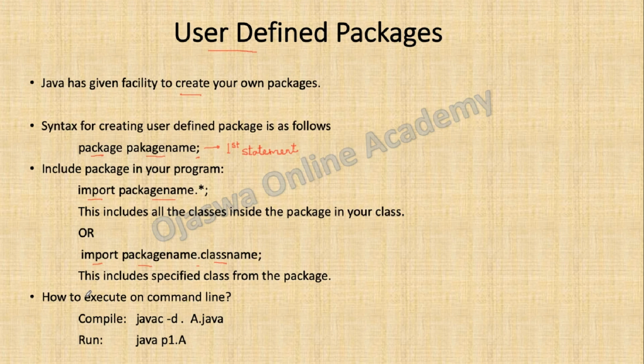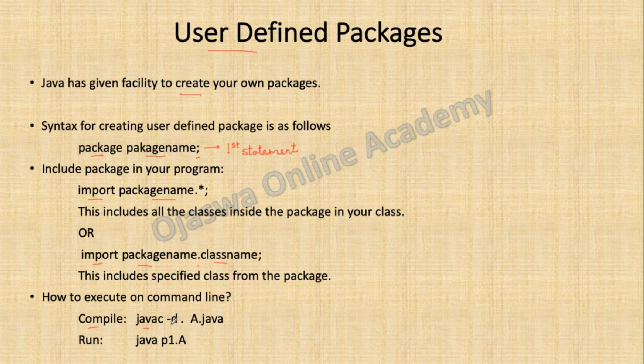Now, how do you execute a program in which you have written a package definition? If you are using an IDE, the work is done automatically. But if you are running your program using the command line interface, you have these commands to execute your program. Compile your program. javac is the command that compiles a Java program. So if your Java file has a package definition statement, you will compile your program by writing this command.